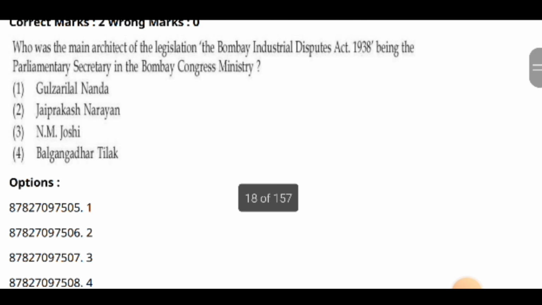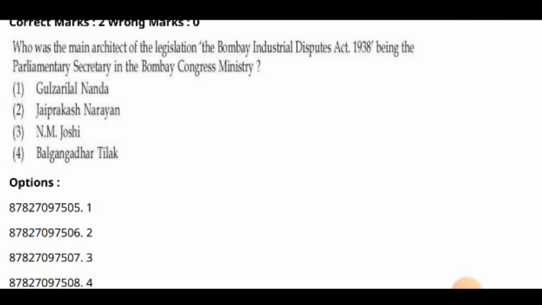Who was the main architect of the legislation, the Bombay Industrial Dispute Act 1938, being the parliamentary secretary in the Bombay Congress Ministry? It is Gulzarilal Nanda, and you have to focus on the other options also.